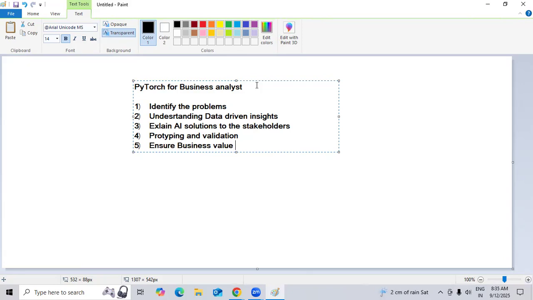These are what we must practically know. Adopting AI and ML is required for any BA to enhance our skill sets, irrespective of the domain, whether we belong to insurance, banking and financial services, or healthcare. This is something we must be good with, so that we can enhance our skills accordingly. This is all it is.